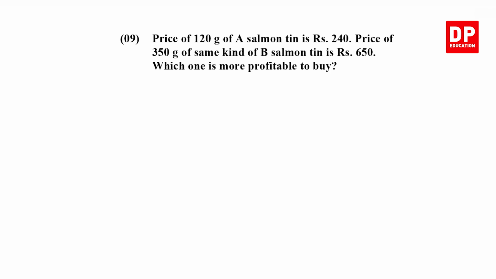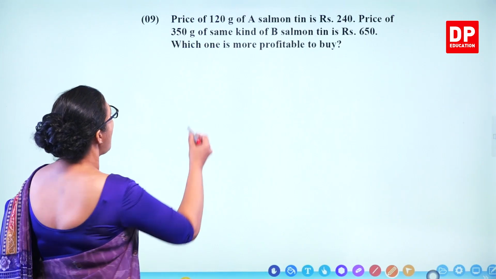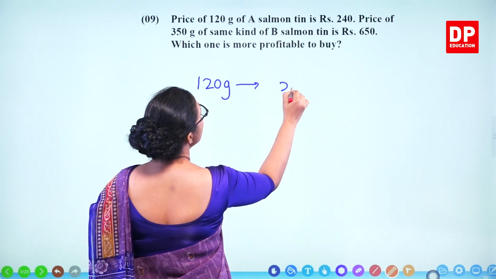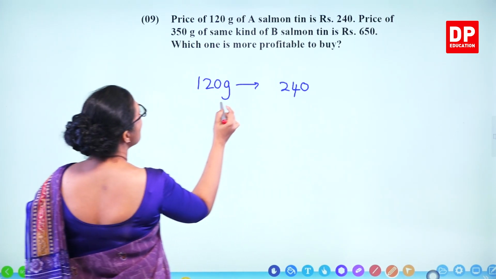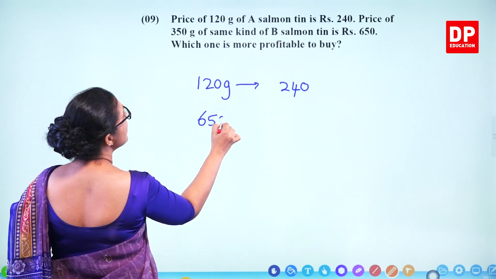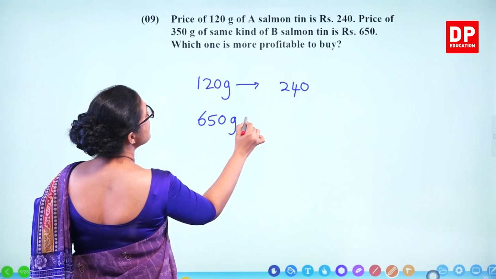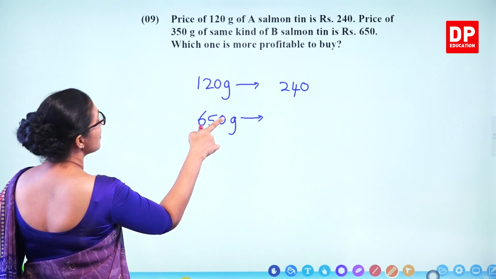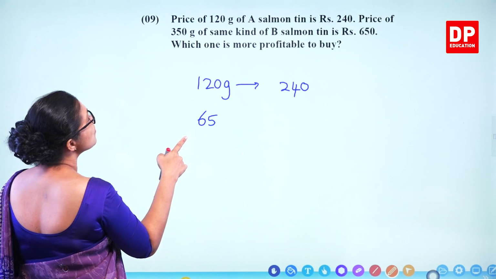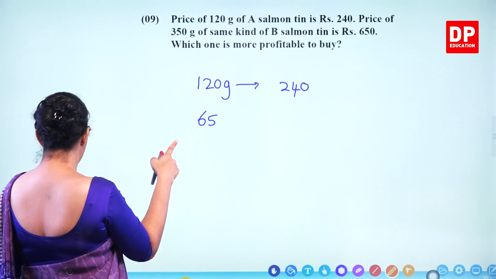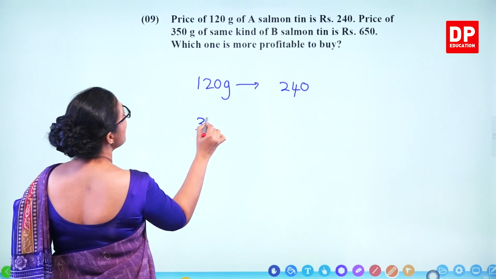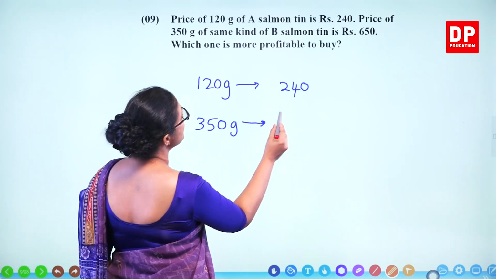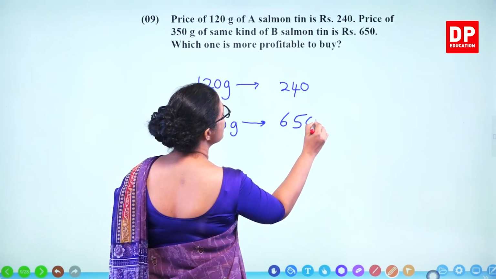Which one is more profitable to buy? 120 grams is 240. 350 grams is given 650 rupees.